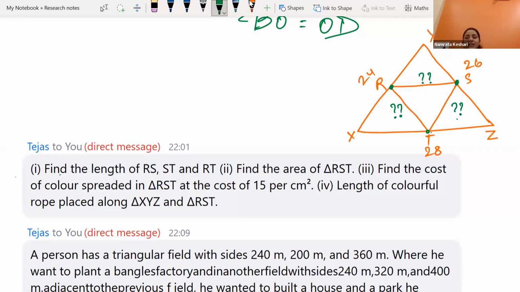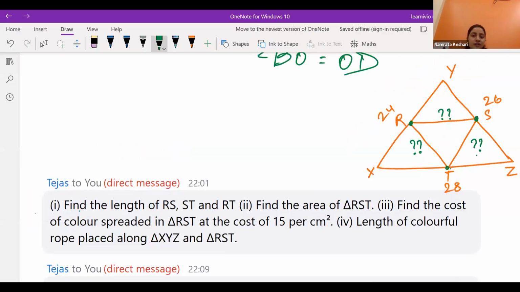This Heron's formula chapter is after the quadrilateral, right? Yes, ma'am. After quadrilaterals comes circle and then Heron's formula. Exactly. Here, one concept is required, the midpoint theorem, which is there in quadrilateral. Tejas, I'll be taking this question again.